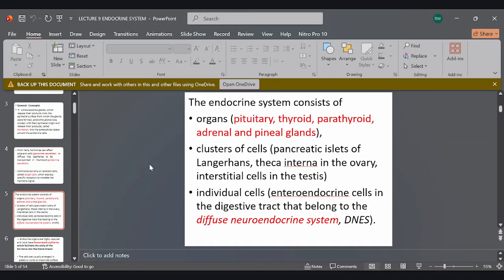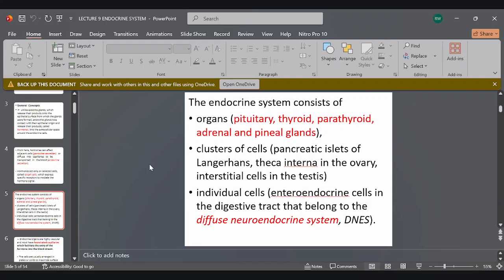Other kinds of cells are the pancreatic islets of Langerhans, the theca interna in the ovaries, and the interstitial cells in the testes.